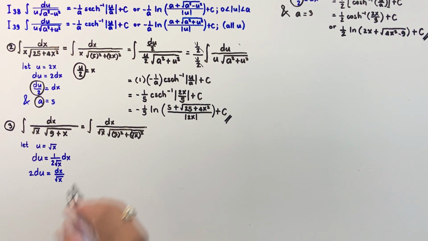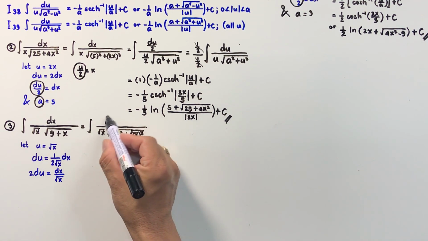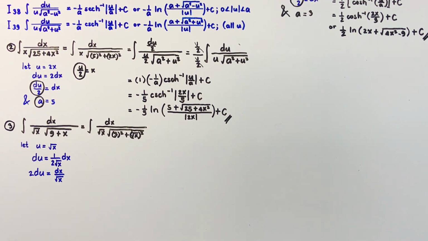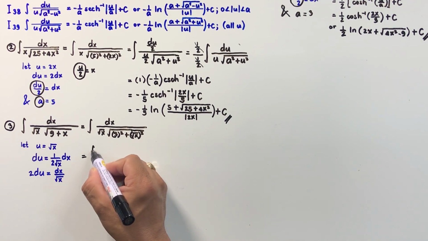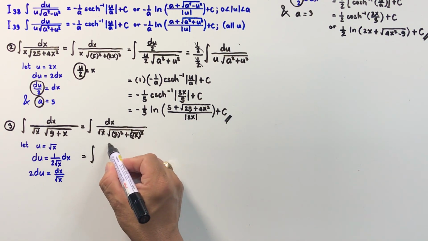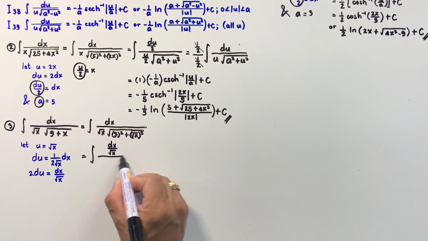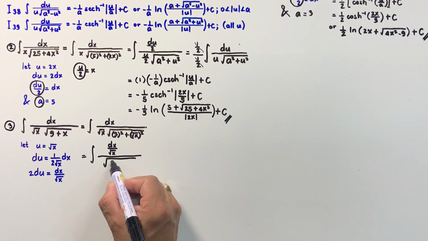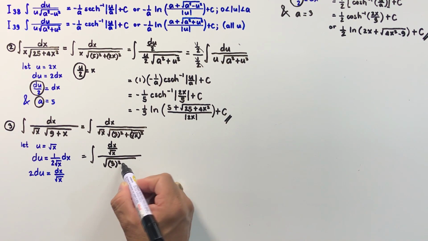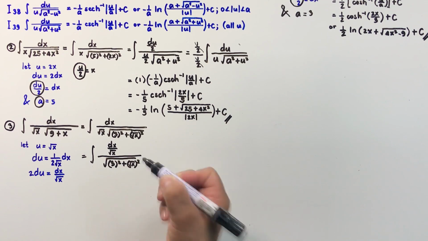And this gives us the idea that this square root of x here is the denominator of dx. So we can rewrite this one as the integral of dx over the square root of x. And this is divided by the square root of 3 squared plus the square of the square root of x.